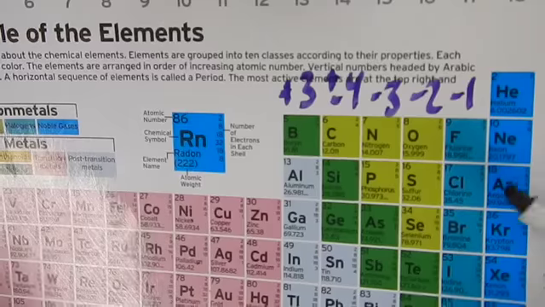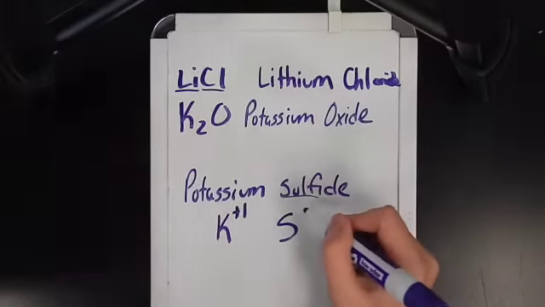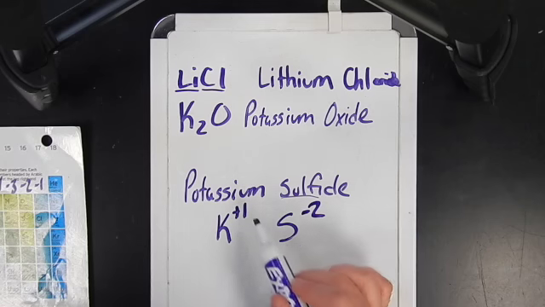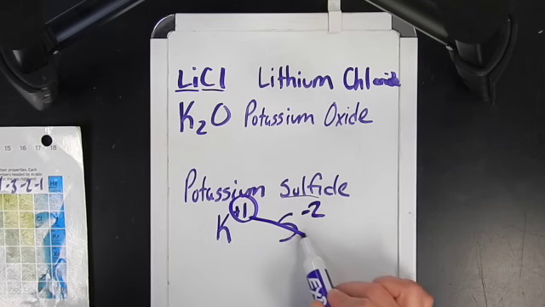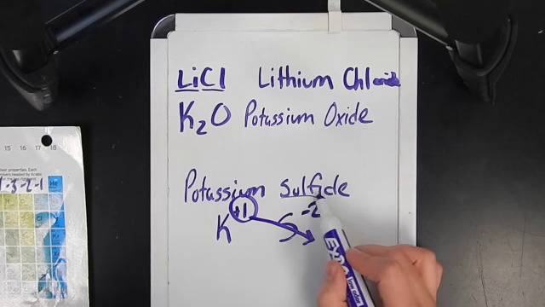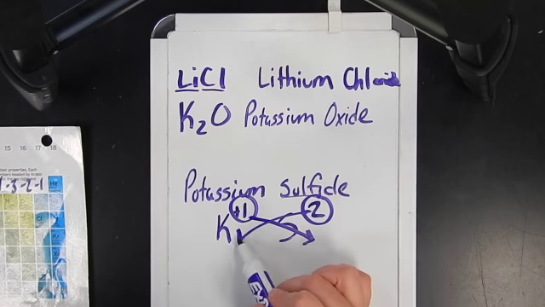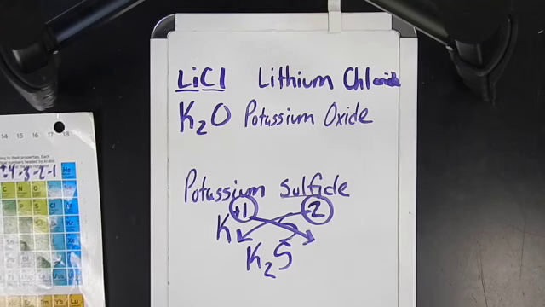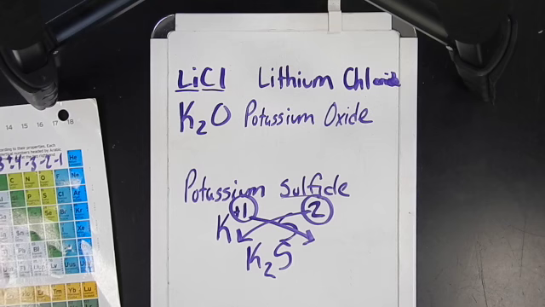So since sulfur's right there, it'll be a -2 charge. Then you crisscross your charges. This 1 will go with the S at the bottom, and this 2 will go with the K at the bottom. So that'll be K2S. So that is how you would write the compound for potassium sulfide.